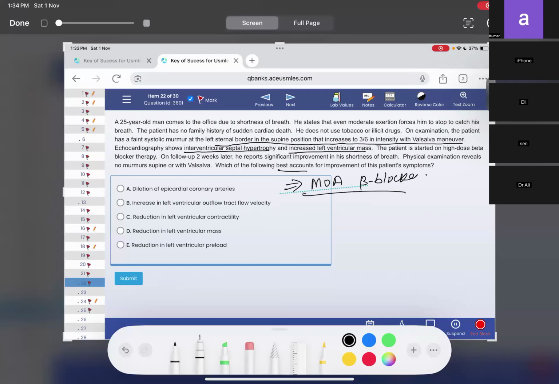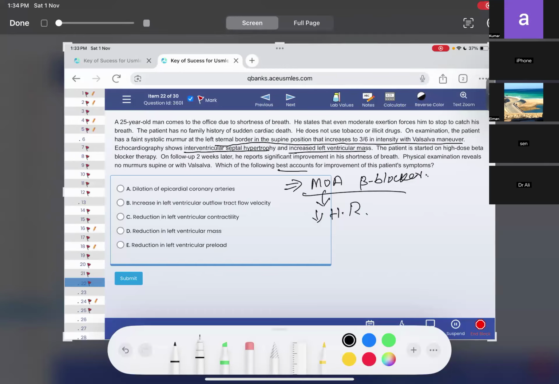Okay, doctor? So can anybody tell me how beta blockers usually work? Decreasing the conduction velocity and firing, and by that, it can increase the left ventricle preloading.